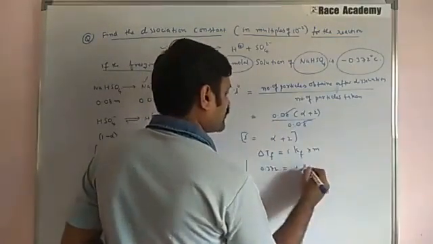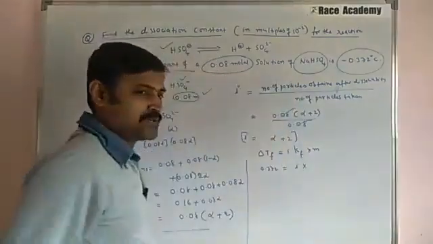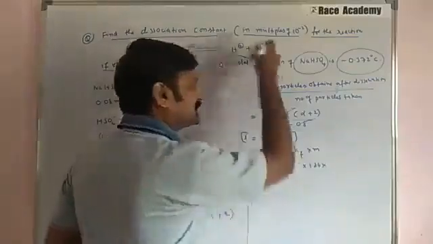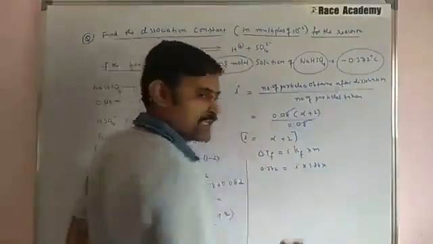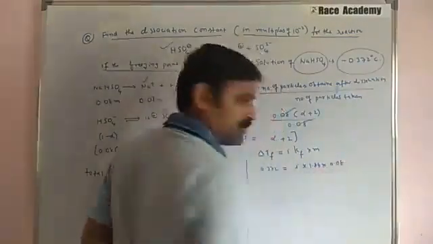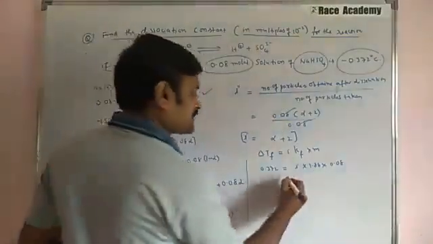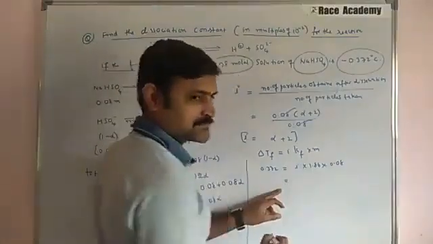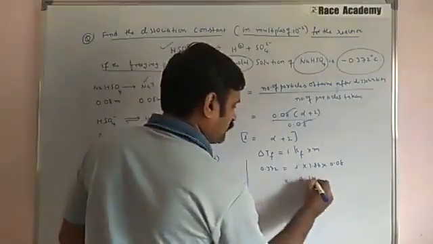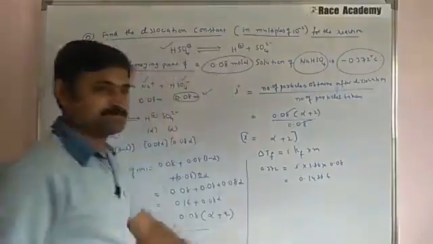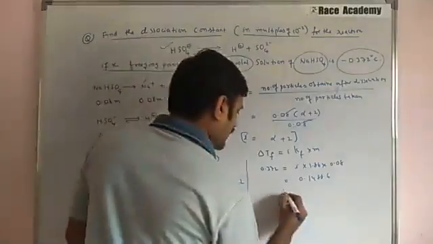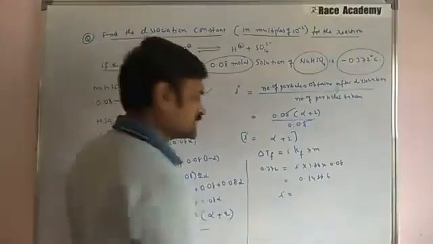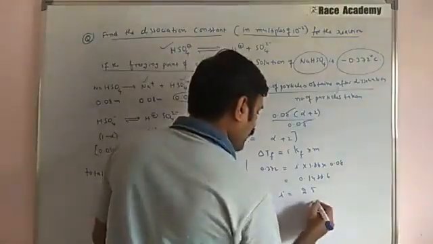So I into Kf value for water, which is 1.86, we have to remember, and the molality given in the question is 0.08. Upon substitution, I value became 0.372 by 0.14886, that is 0.372 by 0.1488. So it is 2.5 came.